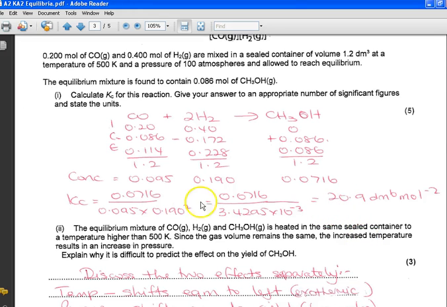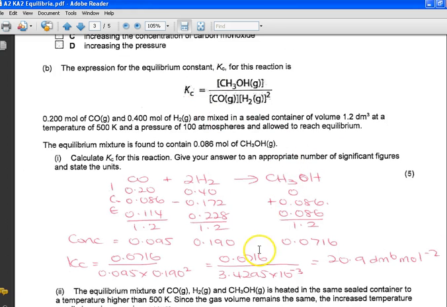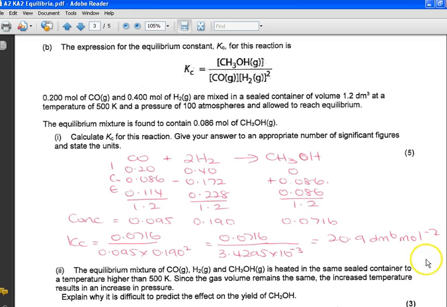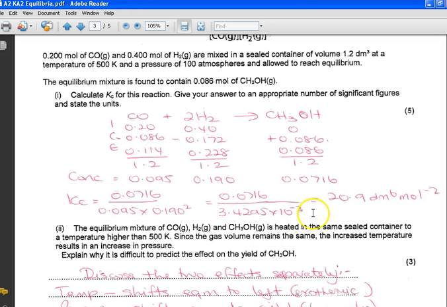And then you just put the numbers into your Kc expression and do the calculation. Take care with the units. Again, we've got 3 lots of units on the bottom and only 1 on the top. So you're going to end up adding your decimeters cubed and your moles, but you're going to change the sign on the power.